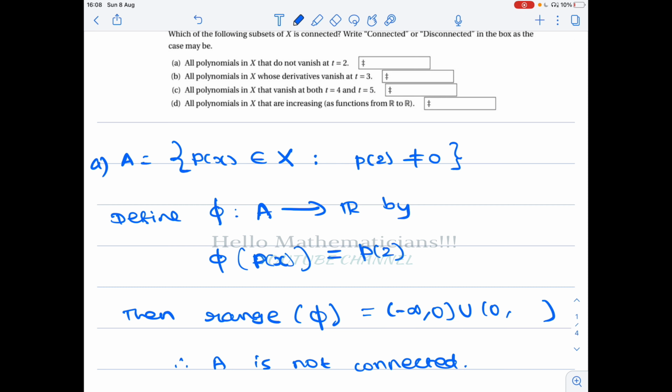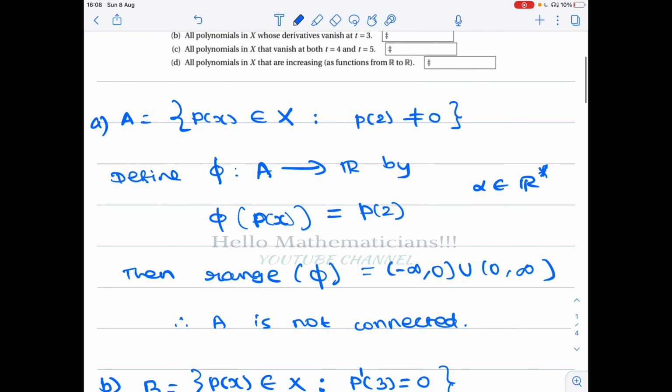Suppose you take an element alpha belonging to R star, then you can consider p of x equal to x minus 2 plus alpha. Then p of 2 will be alpha.